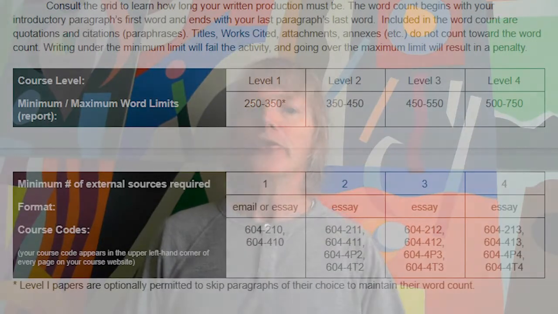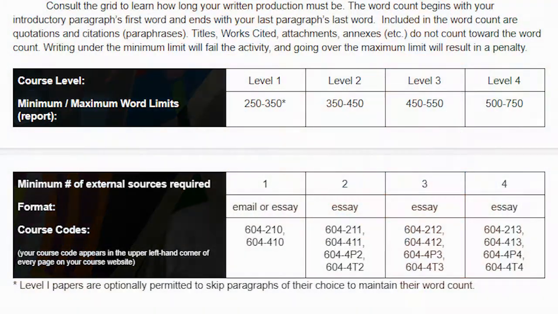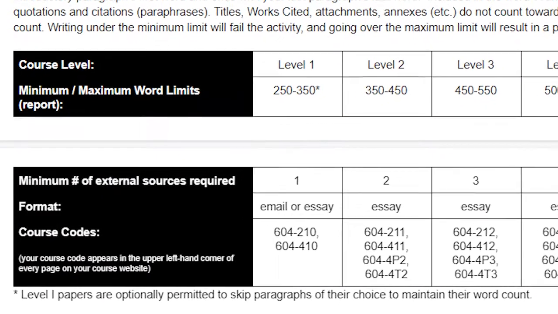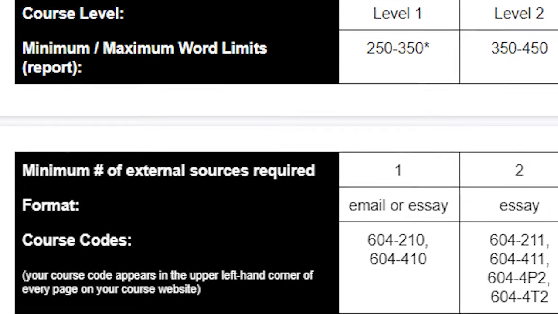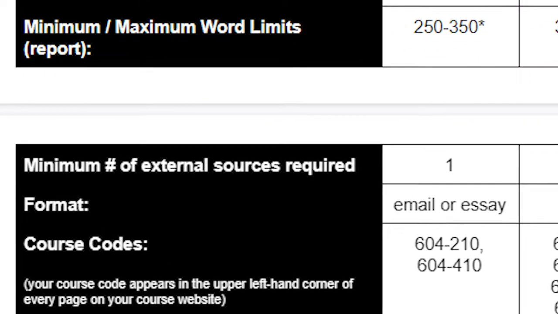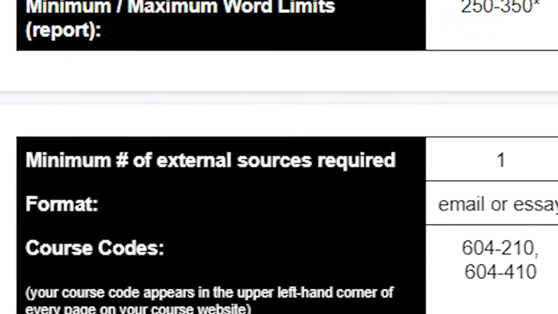It's the answer that takes precedence over everything else. You must read your activity instructions, and if your activity instructions indicate anywhere that external sources are required, then yes, external sources are required. You must put external sources in your work if the instructions require it.